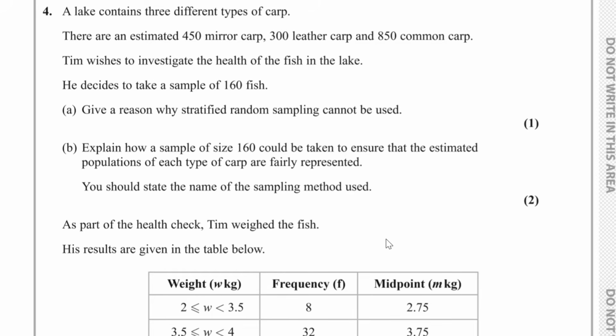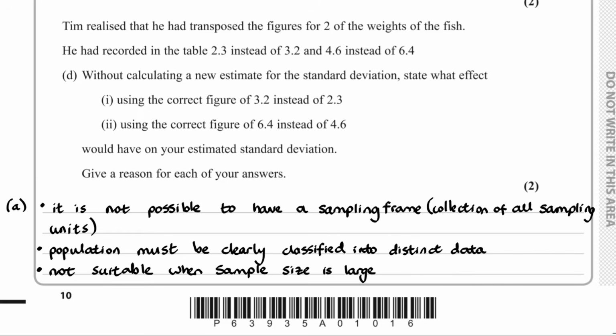Well, over here we have to recognize a couple of things. The key in this question is to recognize that it's not possible to have a sampling frame. That's the most important reason. And just as a reminder of the definition, a sampling frame is a collection of all sampling units. Also, the disadvantages of a stratified random sample: the population must be clearly classified into distinct groups.